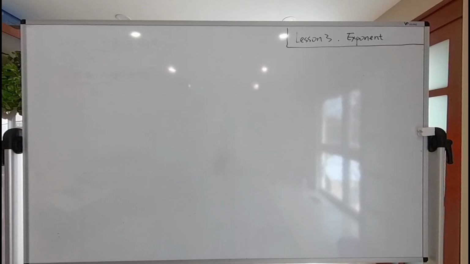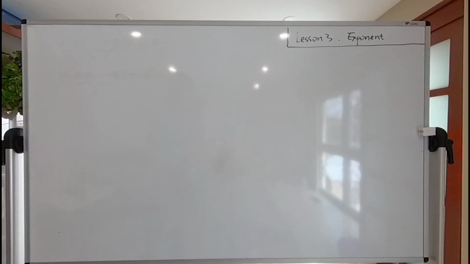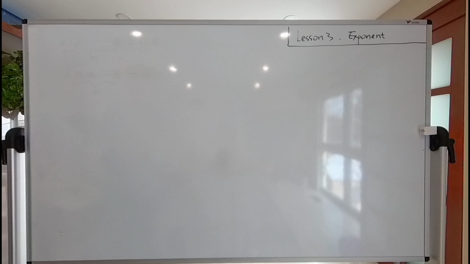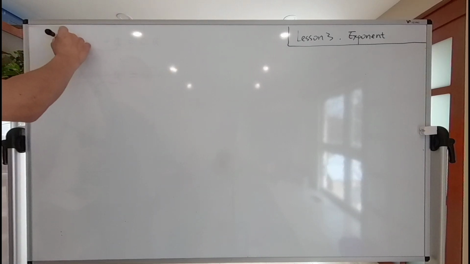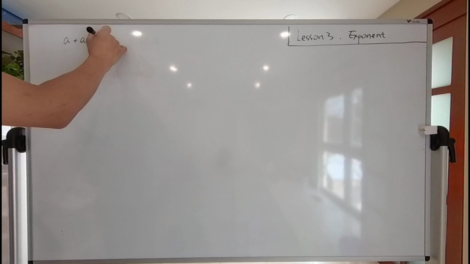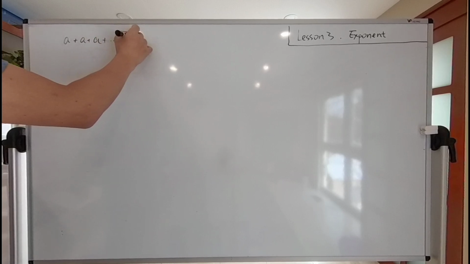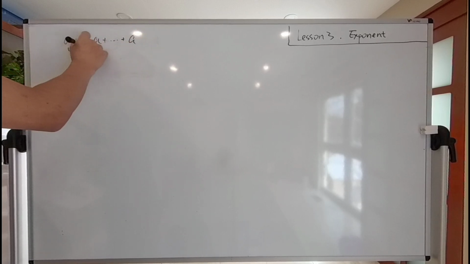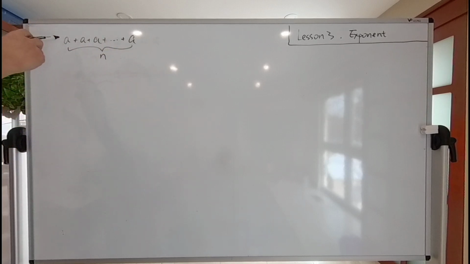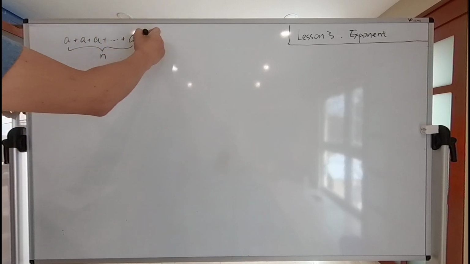Exponents. We have learned addition and multiplication in the past class. We know that multiplication can be considered as a compact form of addition. For example, if I have the number a plus a plus a, with n such numbers, I don't really have to write or expand all of those numbers.